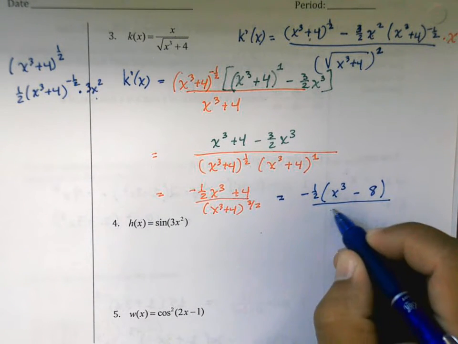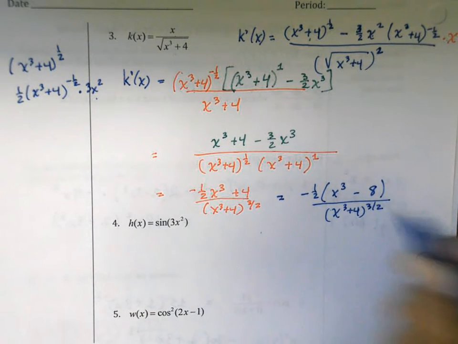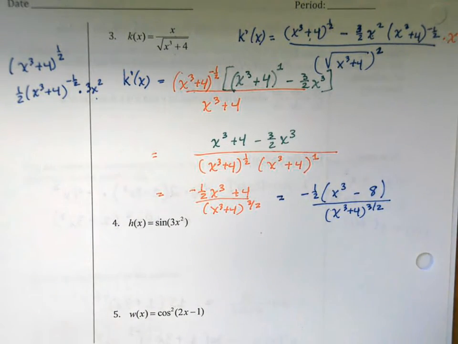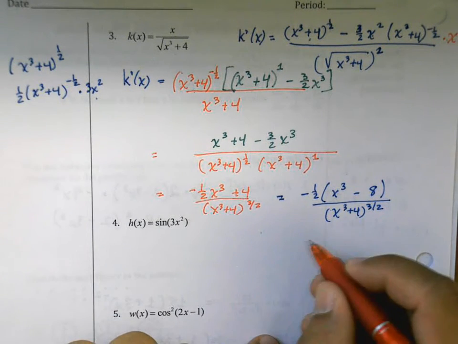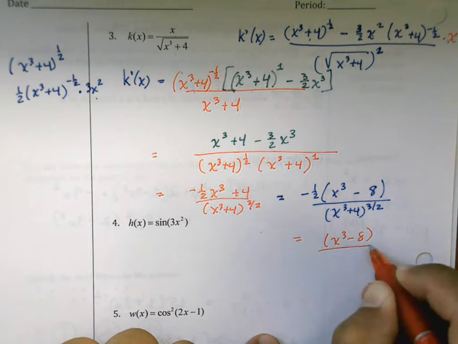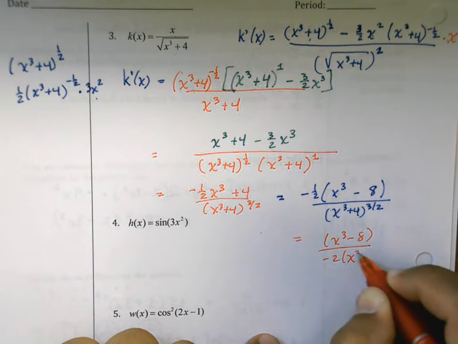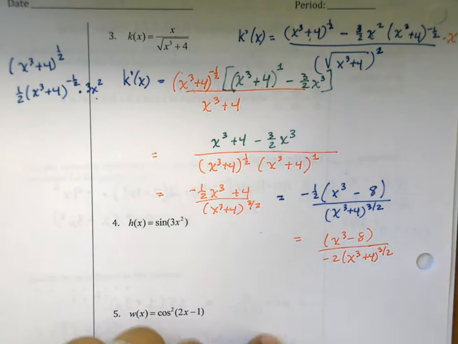All of this over (x cubed plus 4) to the 3/2. And in my last step, I'm going to take negative 1/2 and just bring that down, and this is going to become x cubed minus 8 divided by negative 2 times (x cubed plus 4) to the 3/2.